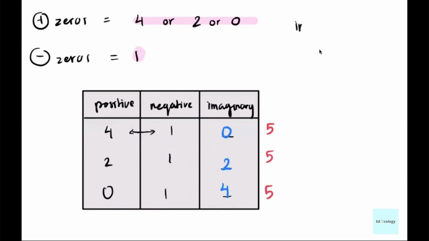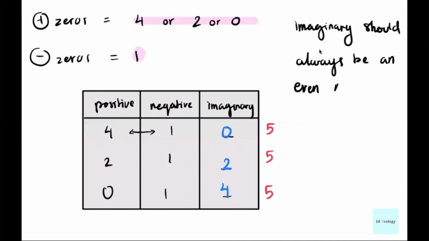Imaginary should always be an even number of solutions. Okay? Here we have 0, 2, and 4. They are even, right? So this rule is valid. Okay? Or this claim is valid.